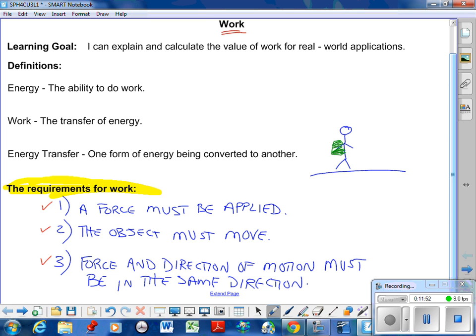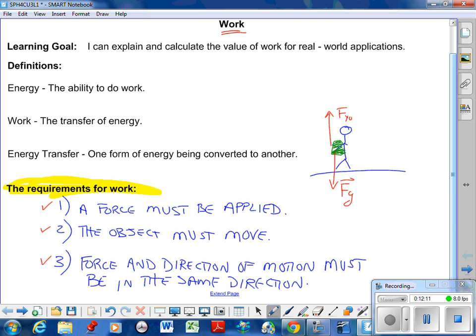Well, you could argue that you're pulling it along in this direction, but you're really not, because if you were to let go of the backpack, which way is it going to go? The force is going to pull it down, and that's due to gravity from our second unit, which means that you are holding it up.